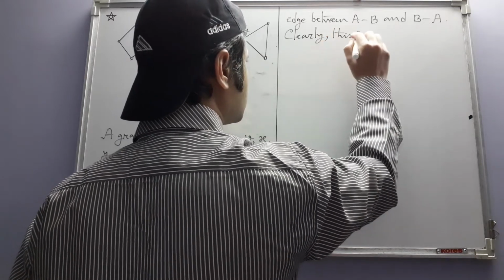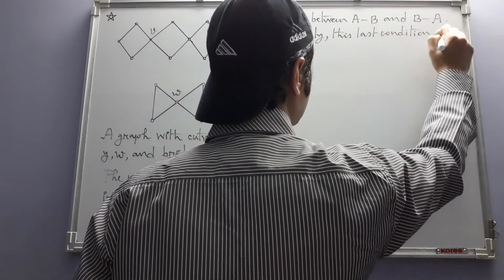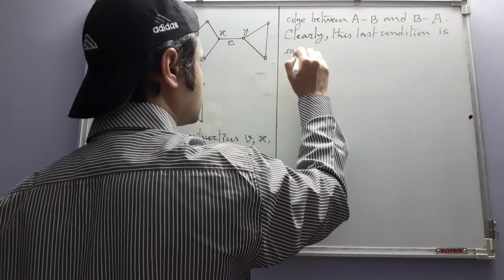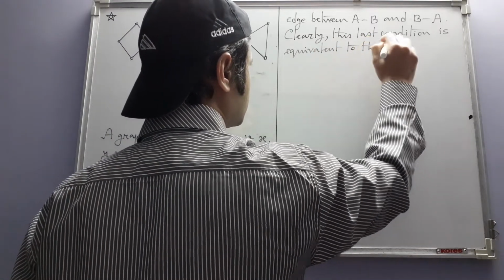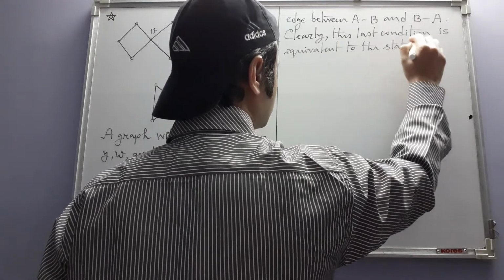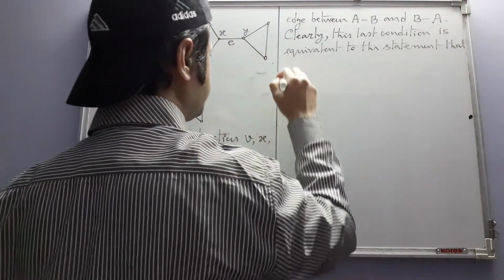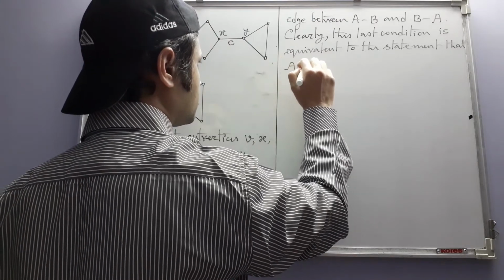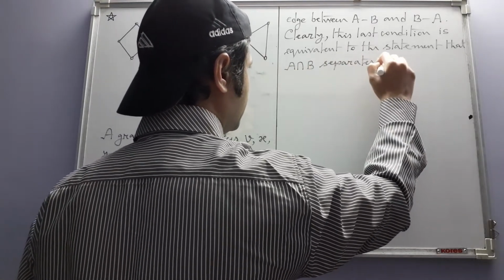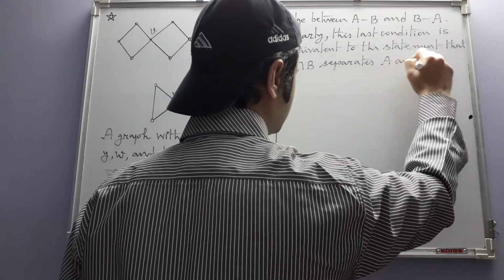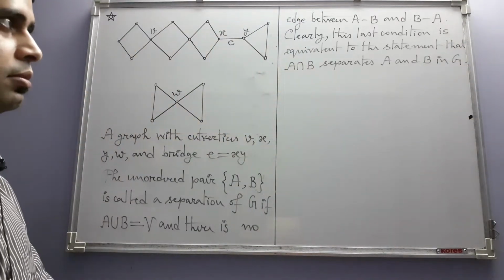Clearly, this last condition is equivalent to the statement that A intersection B separates A and B in G. But how?